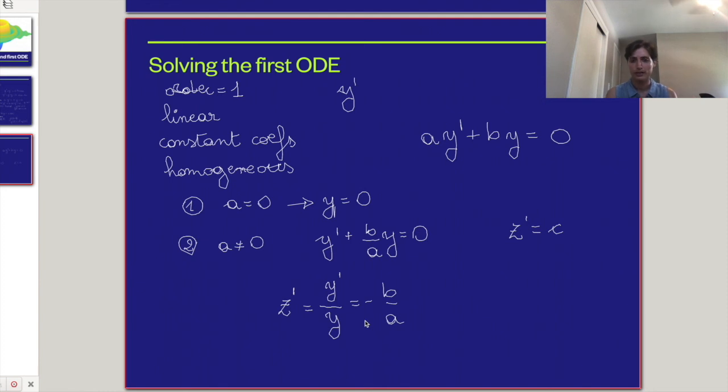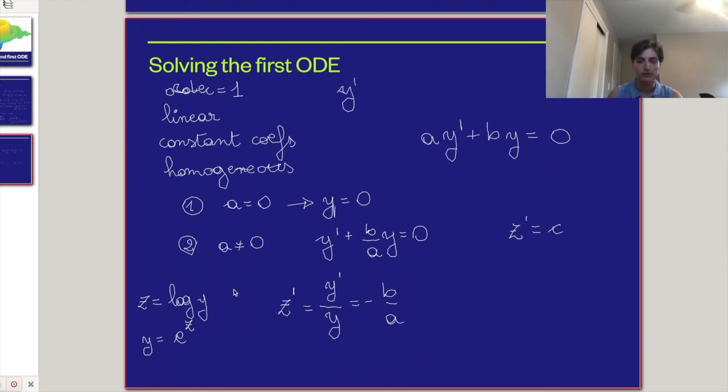Then what is the relationship between z and y? Well, it turns out to be a fairly easy relationship. If you do the calculations, you will notice that z is equal to log y. Or equivalently, y equals e to the z.